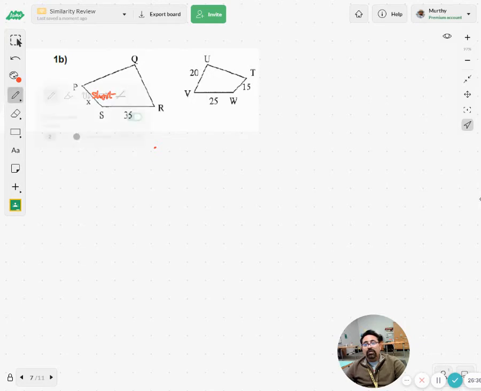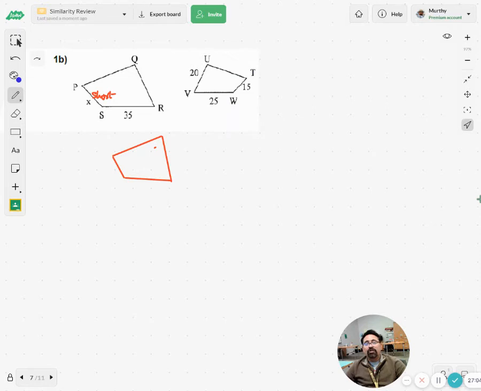Let me draw this figure once again. It may not be the same as the original one, I'm just trying to replicate. Oh, it's too big. Still okay. So here the shortest one, I see that it is TW.